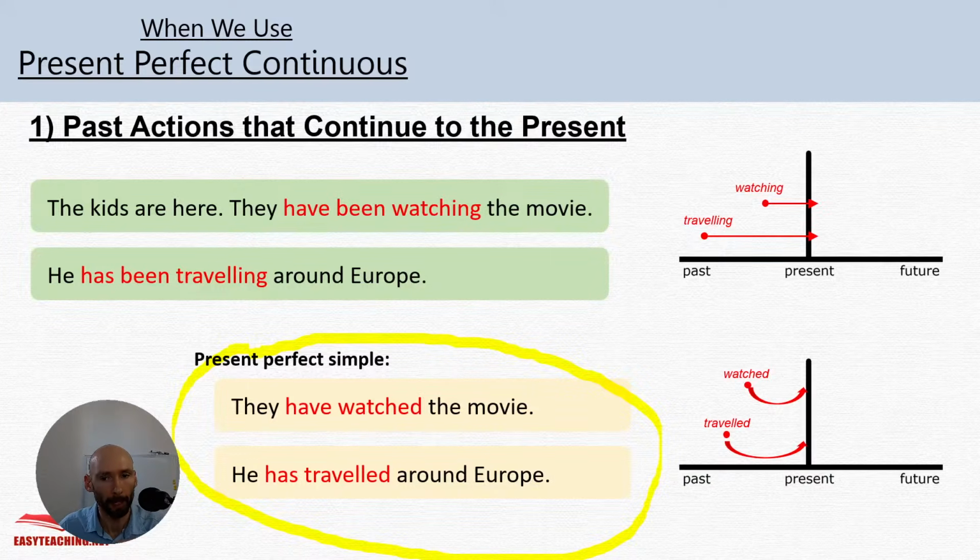There might be a relevance to the present in that maybe you've said, would they like to watch the movie? You might let them know that they have already watched the movie. In some way, them having watched the movie is relevant to the present, but the action is not continuing. The next one, he has traveled around Europe. There's a relevance to the present, but he's not still traveling.